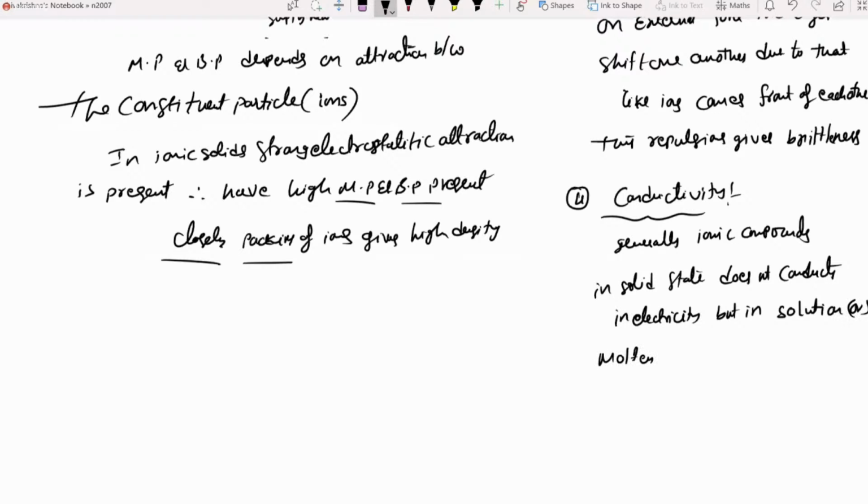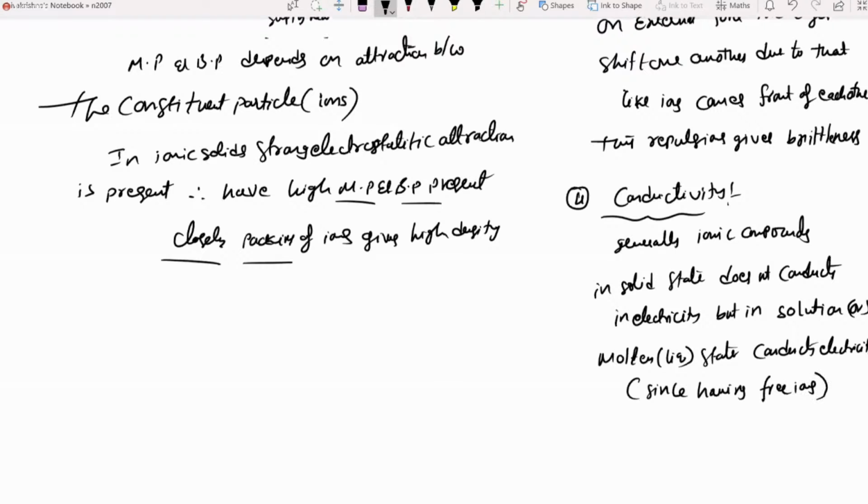Molten means their liquid state. Why? Because they have free ions.